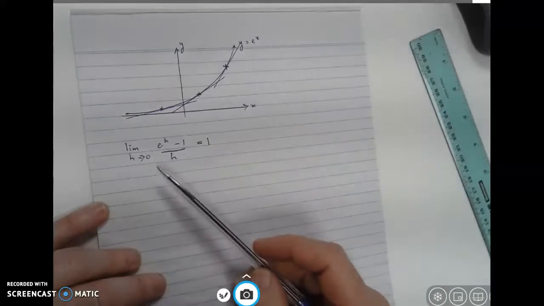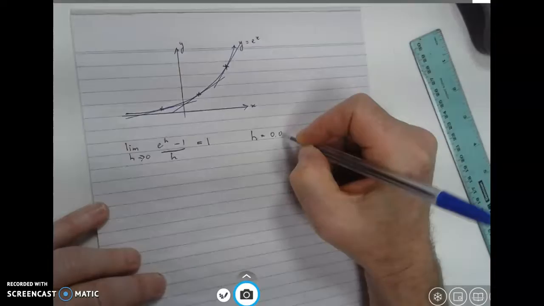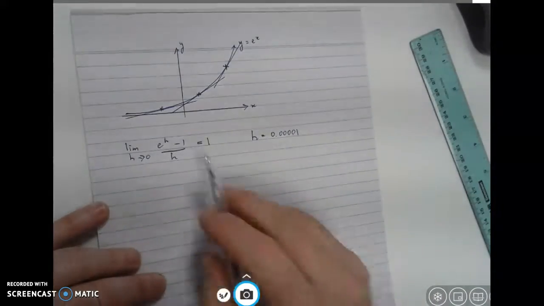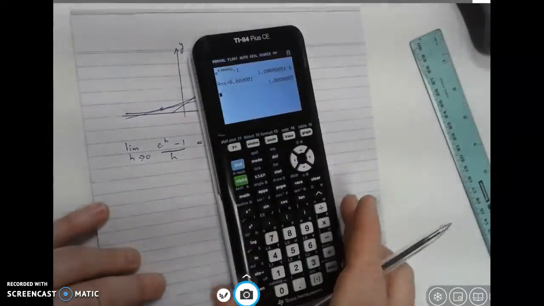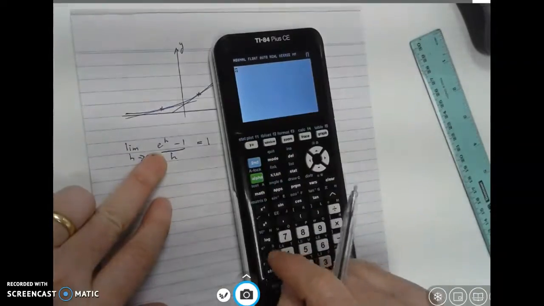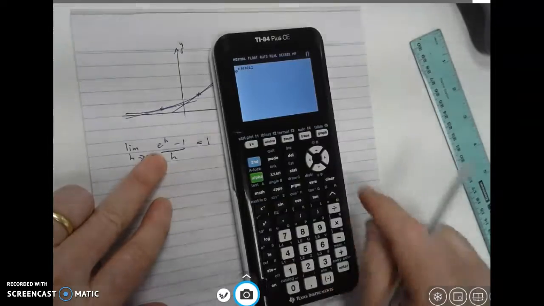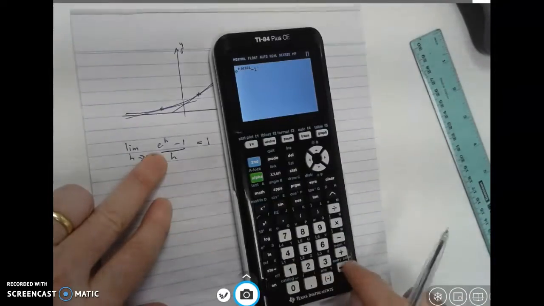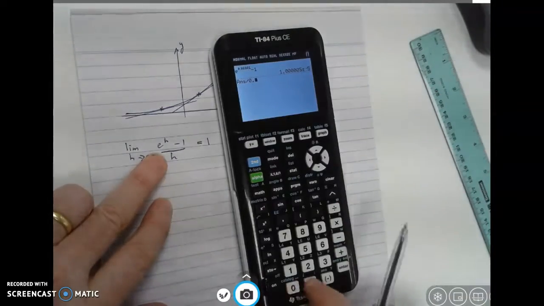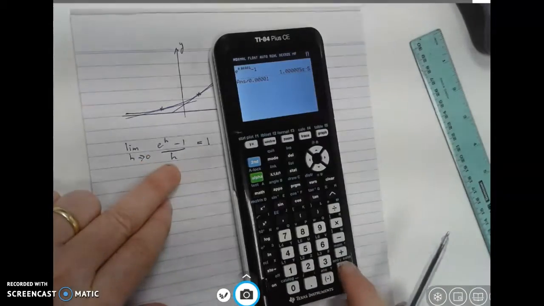So we have to do something slightly tricky, and that's where we just substitute for h a very, very small number, so that the result is in fact very close to 1. I'm going to make it this one. So if I substitute into there, let's just go to our calculator, and I go e to the power of that very small number minus 1, evaluate that, so there's that small number, and I divide it by that value of h, which again is the very small number.